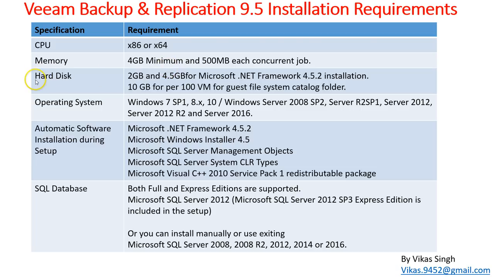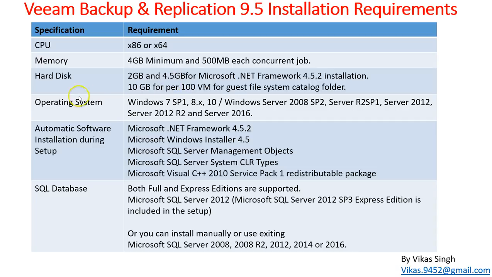If you talk about hard drive, 2 GB is needed for Veeam Backup and Replication installation, and you need 4.5 GB for Microsoft .NET Framework 4.5.2 installation. If you have not installed .NET Framework, you require nearly 7 GB of hard drive space on your C drive.